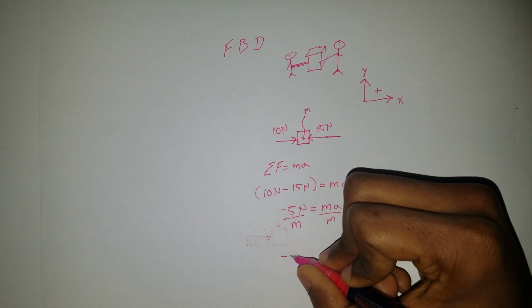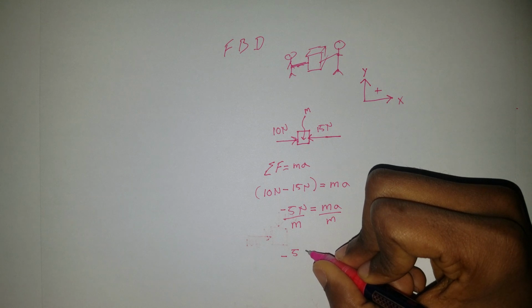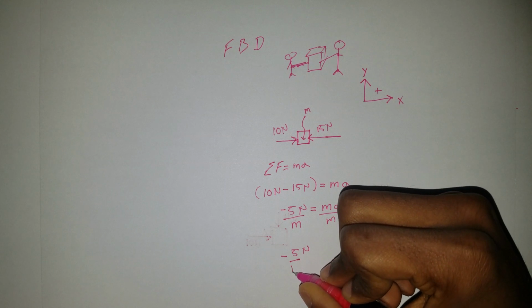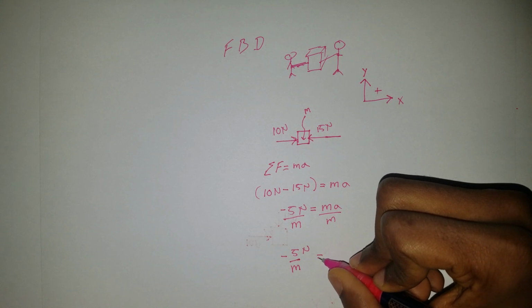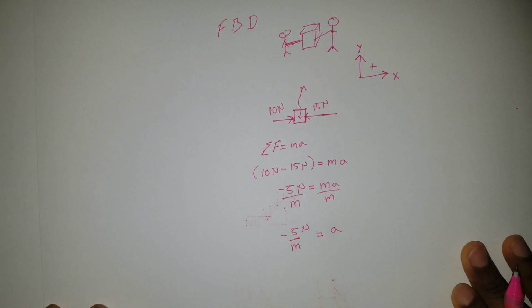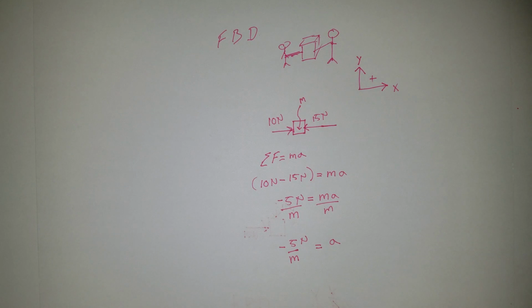So now we have negative 5 newtons over the mass is equal to our acceleration. Now, one thing we need to note is that the mass was not given. So in this case, all you can write is negative 5 newtons over some mass is equal to acceleration.